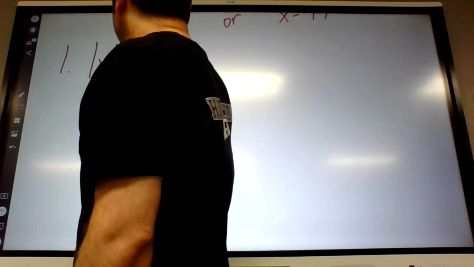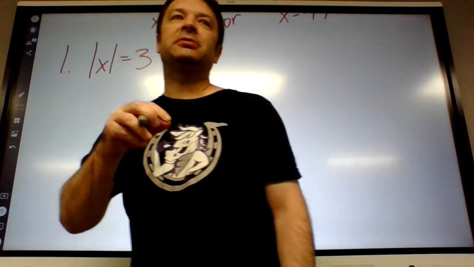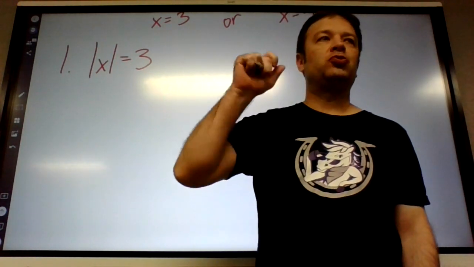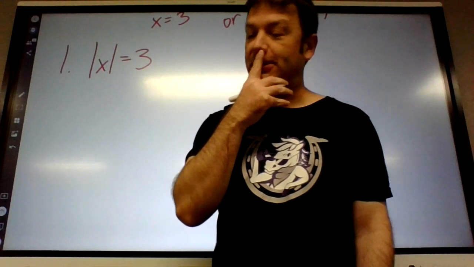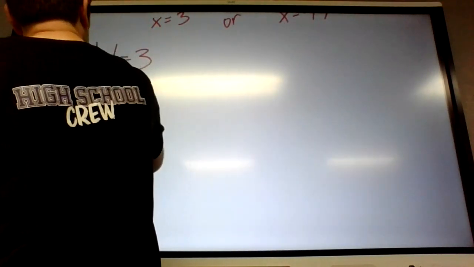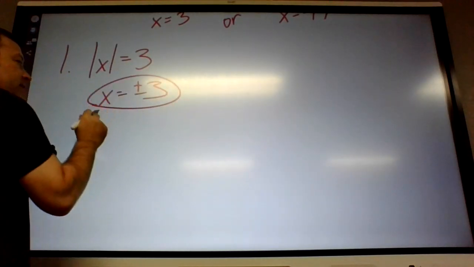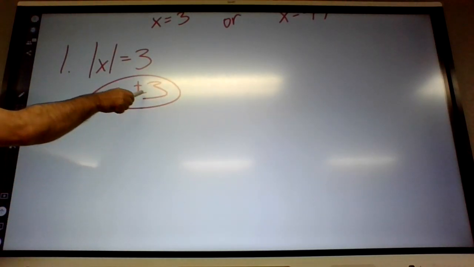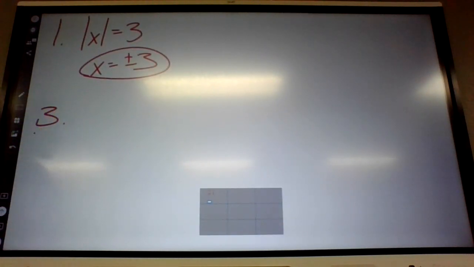Whoops, I accidentally did number 1. Jackson, do you know what number 1 is going to be? Positive or negative 3. You're right. This is 2 different answers, positive 3, negative 3. There's not really work to show on number 1.